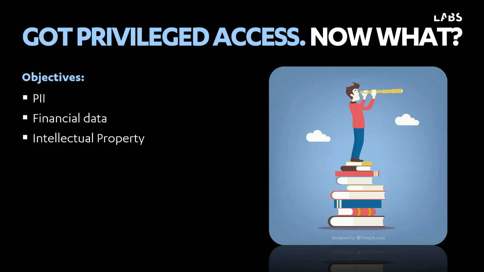A malicious user might want to steal personal identifiable information, steal financial data, or intellectual property that the company might hold. So for this current lab, we have set up a VM that has sensitive information stored in it. So we will look to getting access to that information.